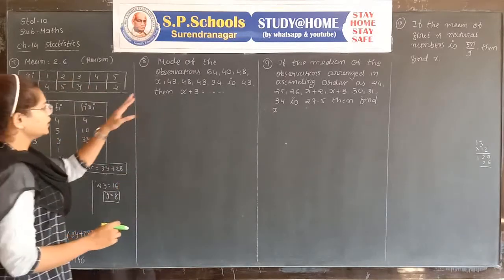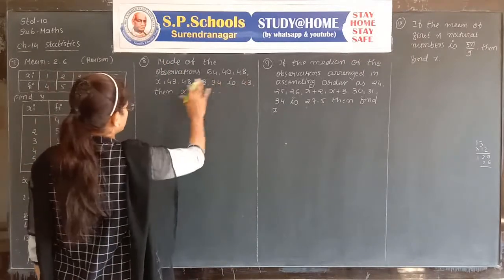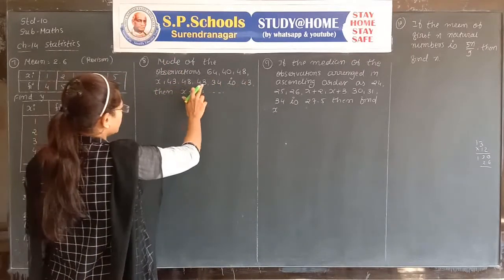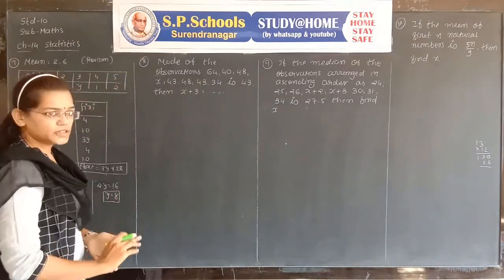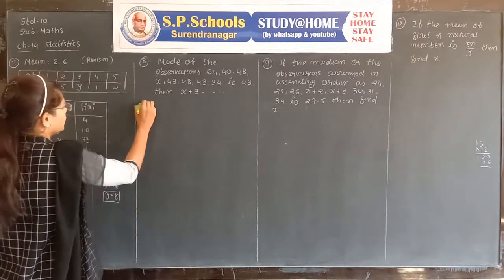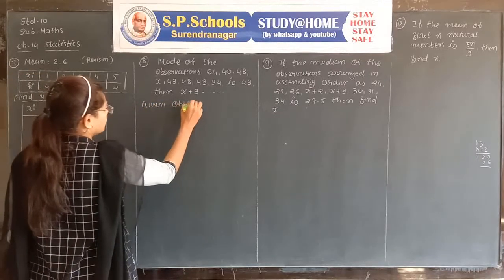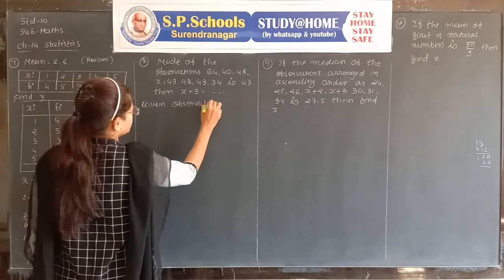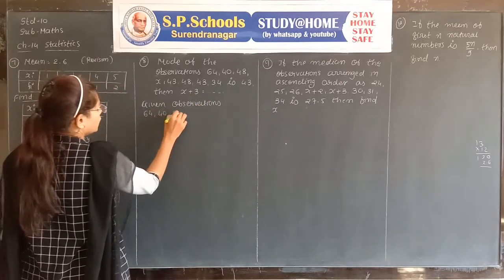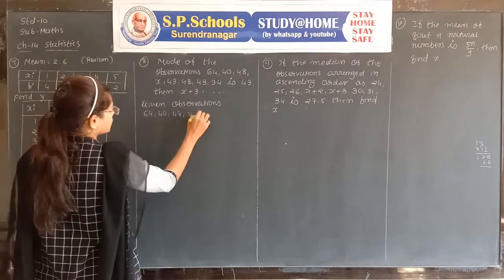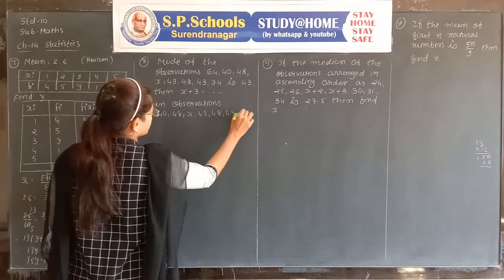Now the 8th number: the mode of the observations 64, 40, 48, x, 43, 48, 43, 34 is 43. Then x plus 3 is equal to blank. Given observations are 64, 40, 48, x, 43, 48, 43, 34.